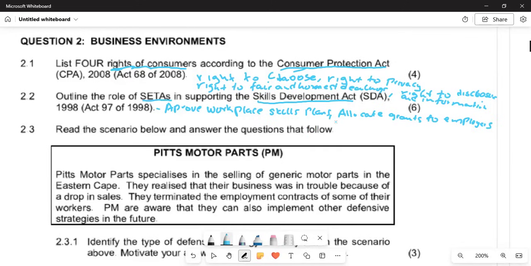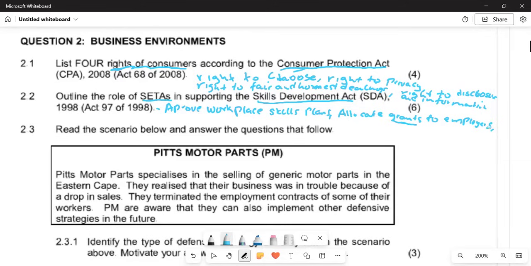They are the ones who allocate the grants to employers, because employers pay 1% of their profits to SETA, and in return SETA pays out the grants that enable employers to give training to the employees. That is that.